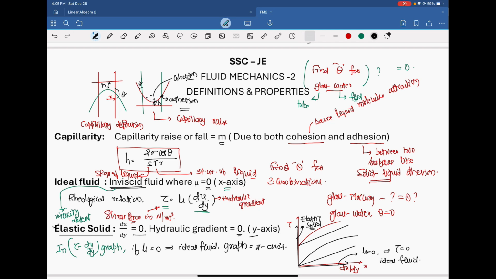But however, as homework, kindly study the tau du by dy graph and identify all types of fluids in this graph. Identify and draw the graph.